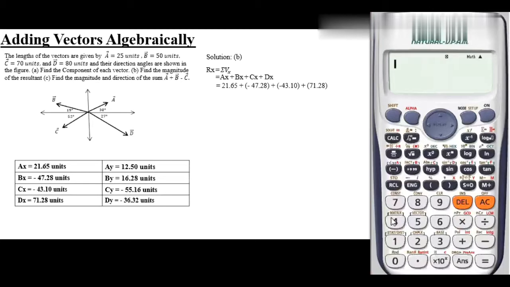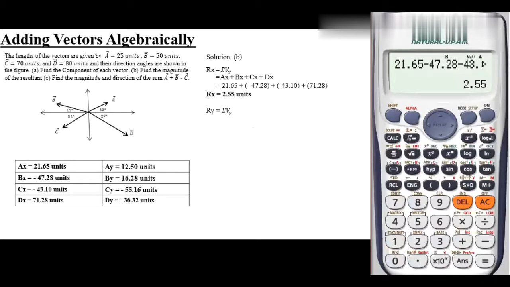Plug in the values to your calculators. That is 21.65 minus 47.28 minus 43.10 plus 71.28. So Rx is equal to 2.55. Okay? Next, kunin naman natin yung sum along the y-axis.